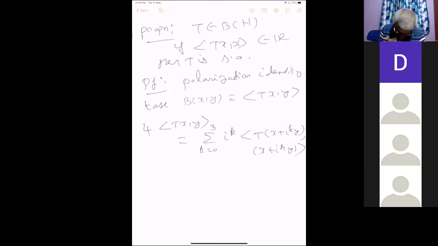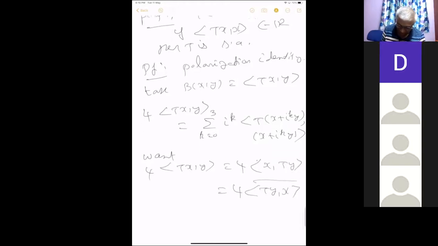Now I want to verify that this is the same as, it's enough to prove that 4 times <Tx, y> equals 4 times <x, Ty>, which is equal to 4 times the conjugate of <Ty, x>. That's what I want to get, right?